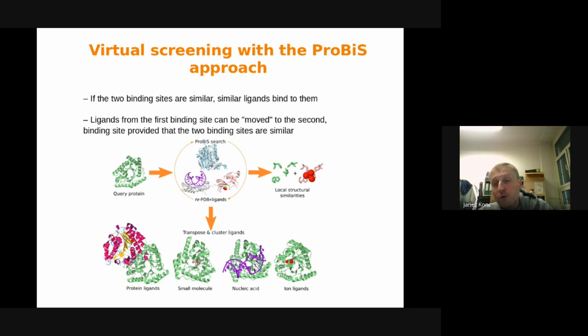This is a form of virtual screening that enables us to predict new ligands for proteins that don't have ligands on them yet. They can be blank proteins, modeled proteins, experimental proteins. They don't need to have ligands, and they don't need to have binding sites already known, because in this similarity search we discover binding sites on the query protein and also their possible ligands. We can predict possible ligands of various different types.